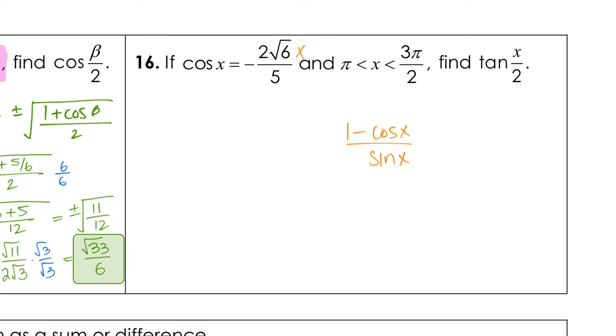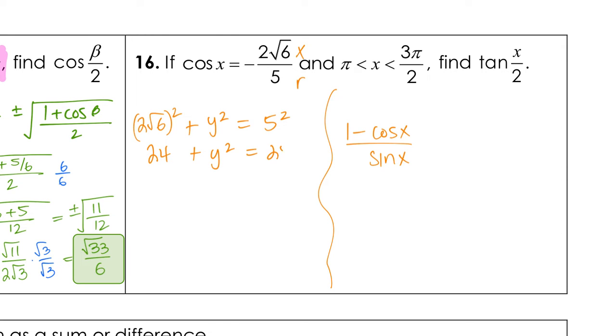Cosine is x over r. So we're going to use the Pythagorean theorem to find y. So 2 square root of 6 squared plus y squared equals 5 squared. This is 24. That's 25. So y squared has to equal 1. The square root of 1 is still just 1.